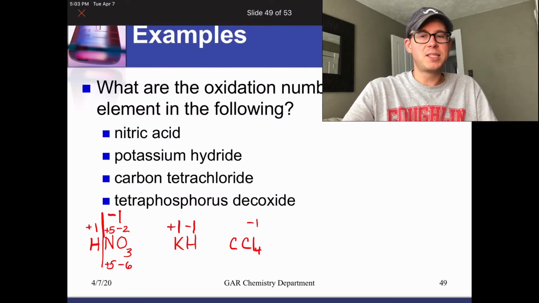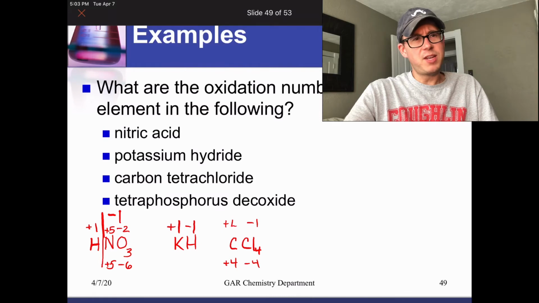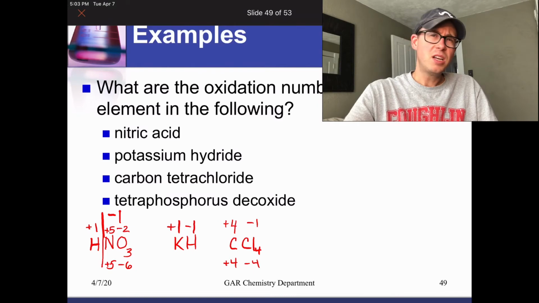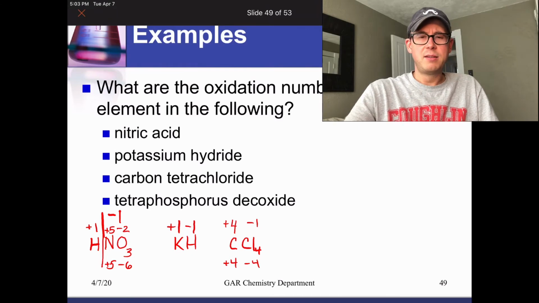Carbon has to be a +4 to balance that out so that all the oxidation numbers add up to 0. So carbon +4 for the oxidation number, chloride -1. This one we could even name using the stock system, and we would get the Roman numeral from the oxidation number of the first element. So it could be called carbon, in parentheses, Roman numeral 4, which is IV, and then chloride.